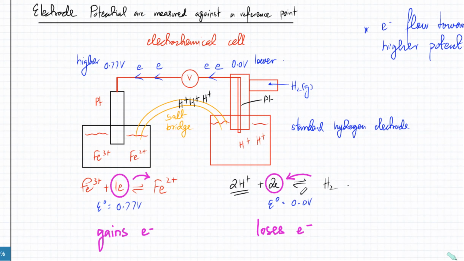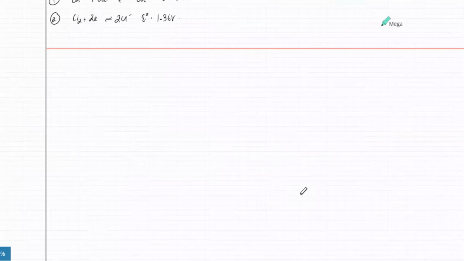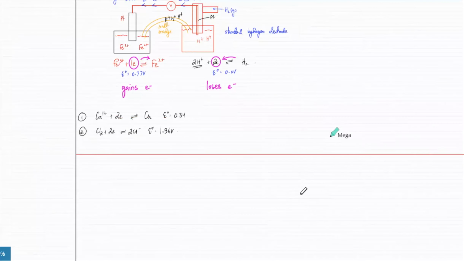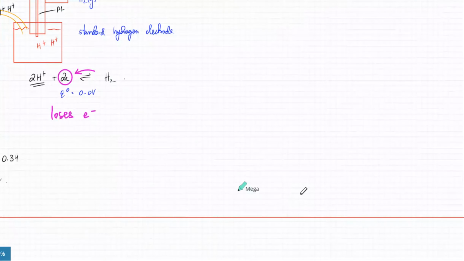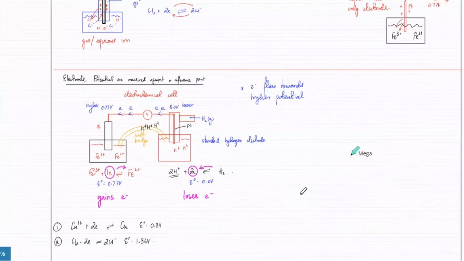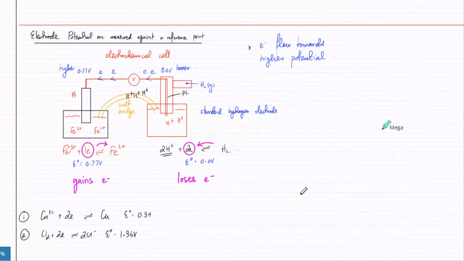Is this clear? So now the thing is that we can connect any two electrodes. I'm going to write down the definition of a standard electrode first. We already know that we can measure potentials of any electrode with respect to the standard hydrogen electrode. So they're either going to be more positive or more negative.